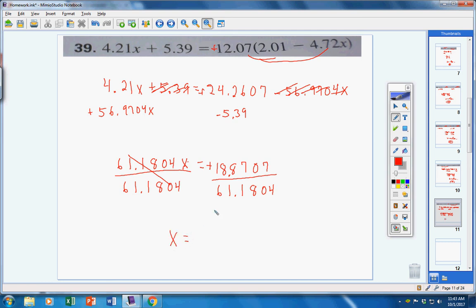X equals positive over a positive is positive. And let's see, 18.8707 divided by 61.1804 gives me 0.30844, on and on. Third decimal point is an 8. That tells you to make this a 1. So your answer is 0.31. Okay? That's it, guys.